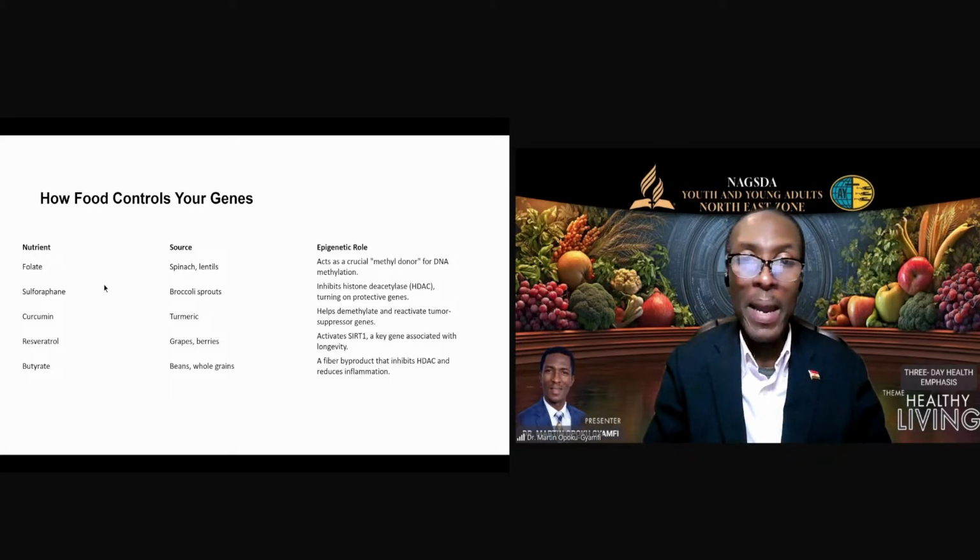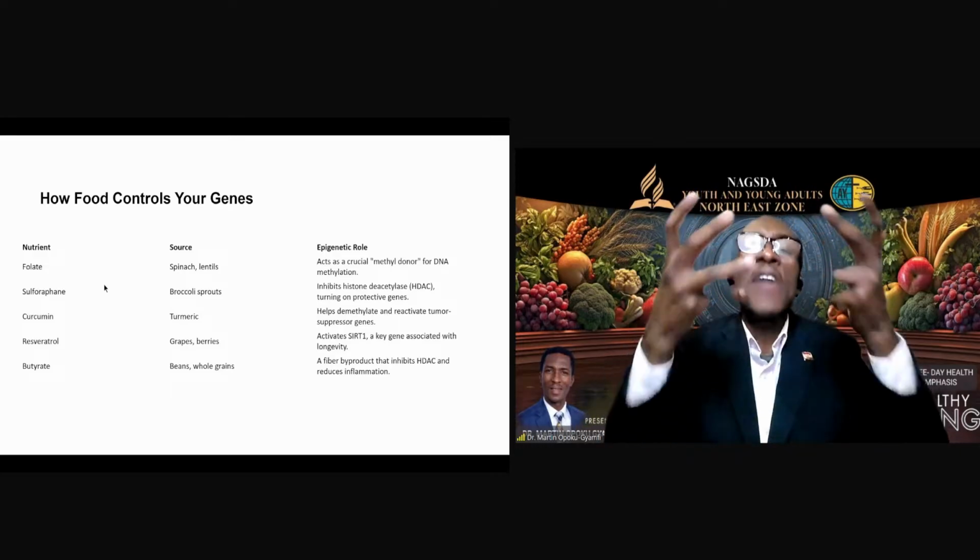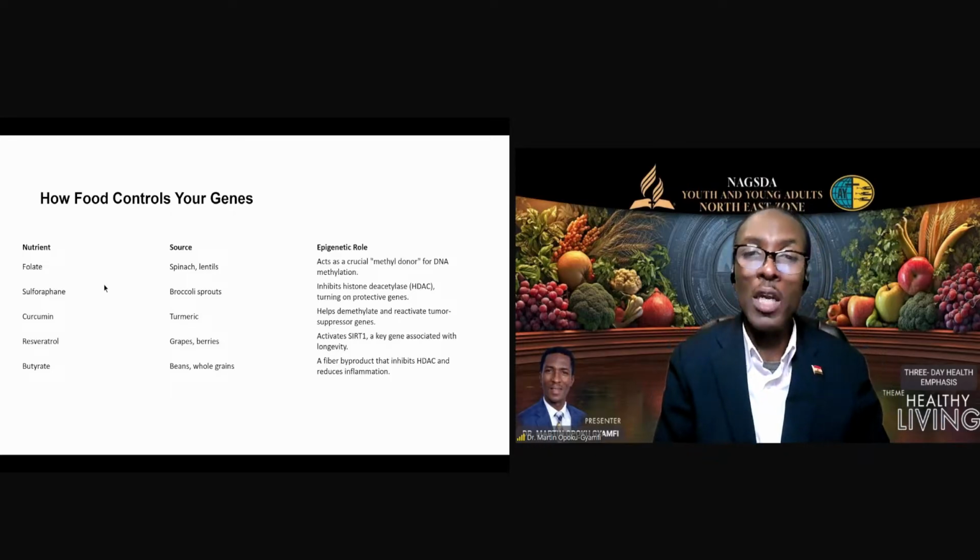Resveratrol from grapes and berries activates a key gene associated with longevity. If you want to live long, this would activate it. Butyrate comes from fiber, which is found in plant food, beans, and whole grains. It also reduces inflammation by inhibiting histone modification.